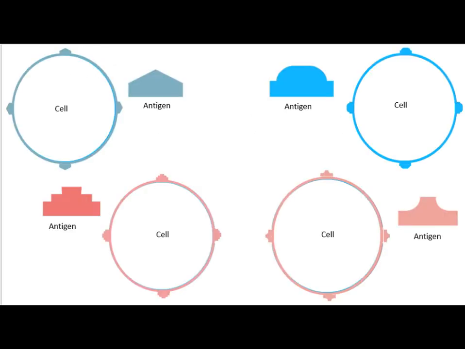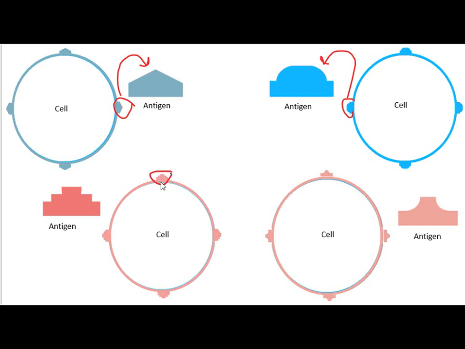So let's look at the cell, for instance. If you look at this cell over here, this cell has protein, and the protein shape is like this, and we call this antigen. This cell has a different protein, and this protein has this shape, we call it antigen.